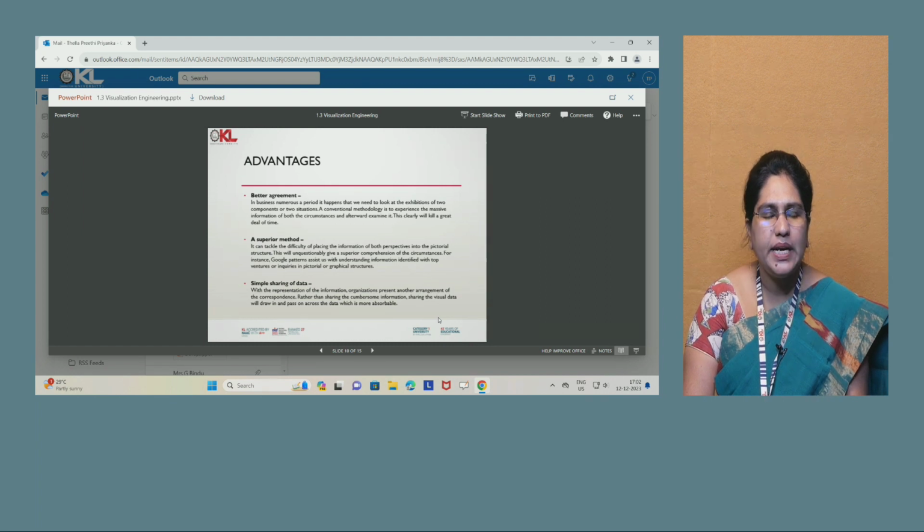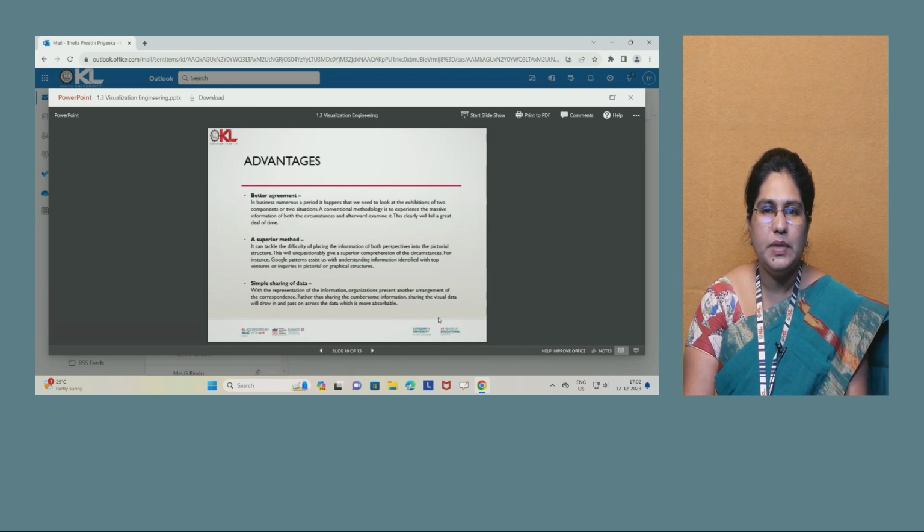So there are so many advantages. A few of them I mention here. First, better agreement. What is better agreement in business? Numerous times it happens that we need to look at the performance of 2 components or 2 situations.